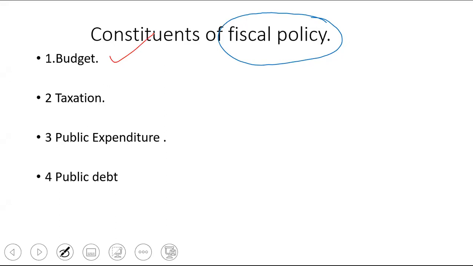We already told you budget is the main instrument by which government is declaring their next year's plan of expenditure and income. Then taxation, public expenditure and public debt. So the entire public finance is dealing with taxation, public expenditure, public debt. In addition, we are adding budget.